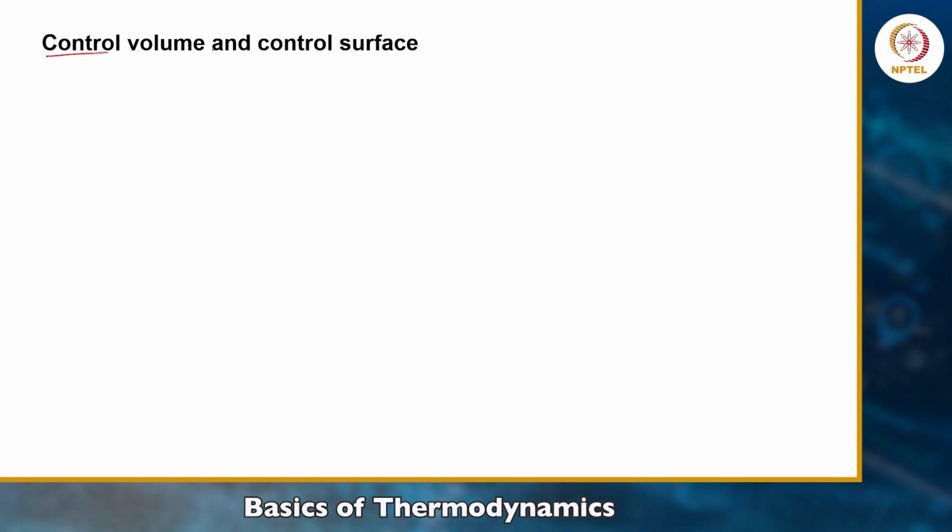Control volume and control surface. First draw one figure like this, with a motor here, and work is getting transferred. The motor is working, you are giving electricity, so the motor is giving work or rotational motion inside the system.